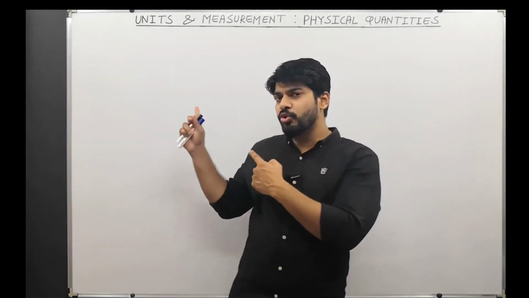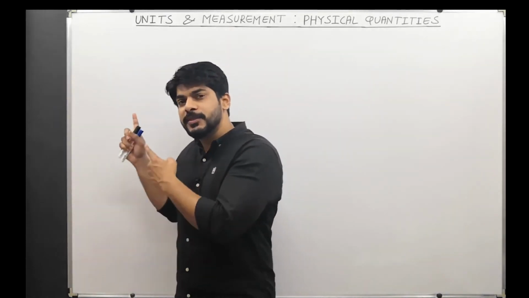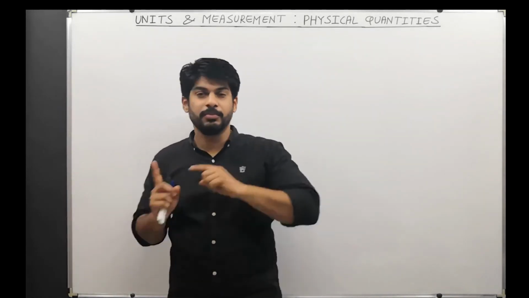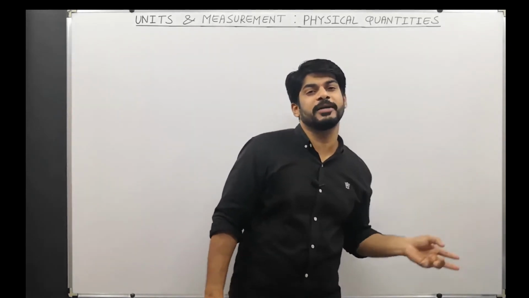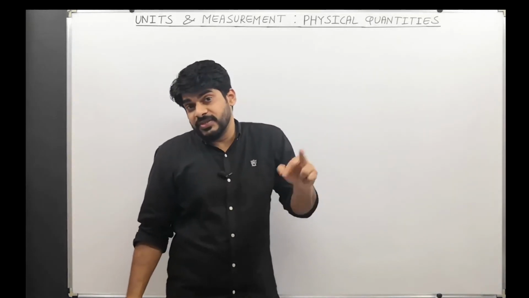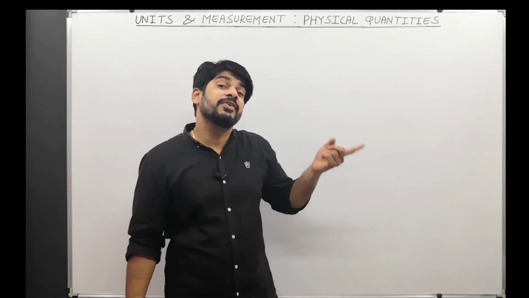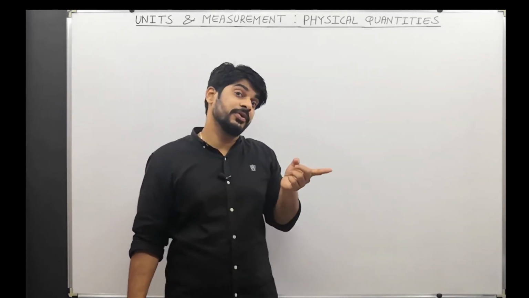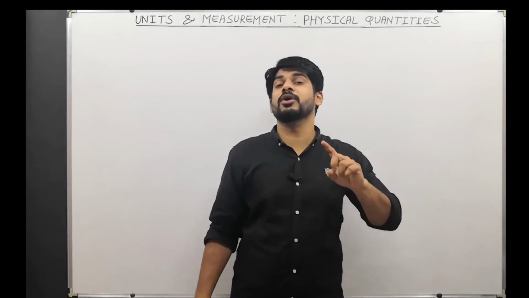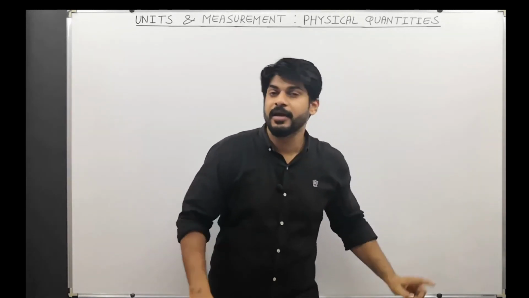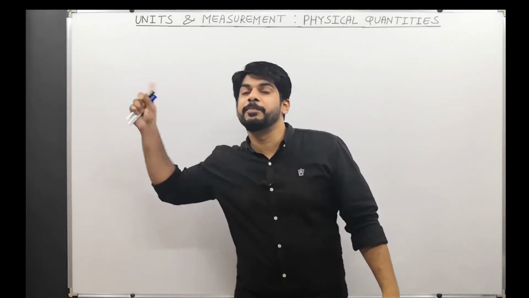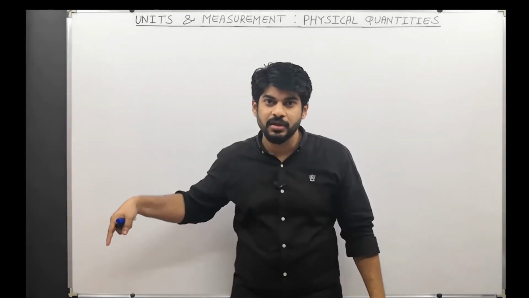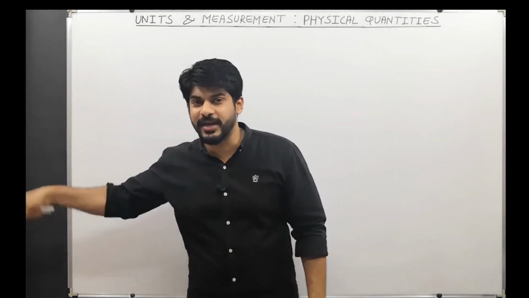So these quantities have direction as well as magnitude, but some quantities have only magnitude. The physical quantities having only magnitude are called scalars, and the physical quantities that possess magnitude as well as direction are called vectors.